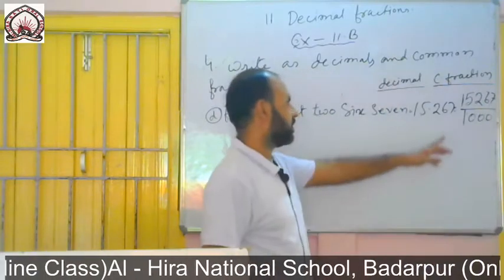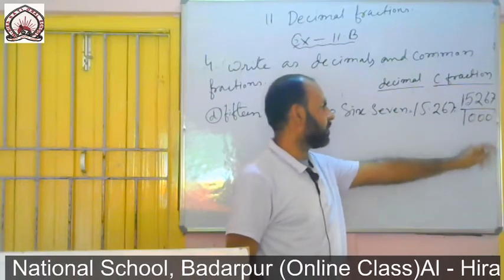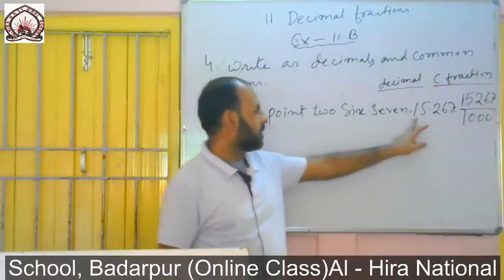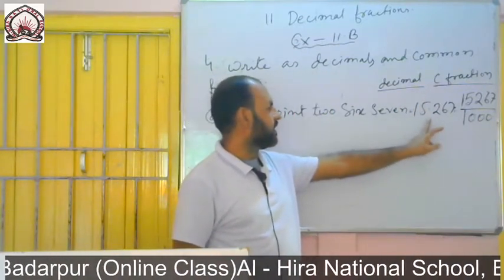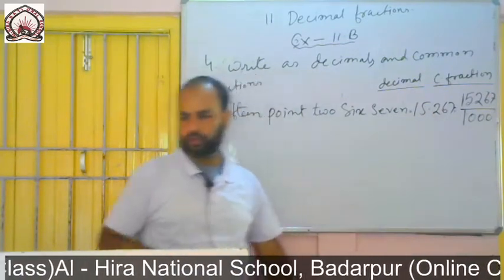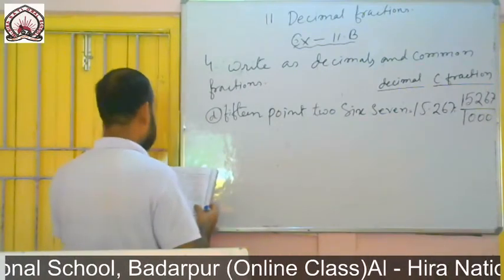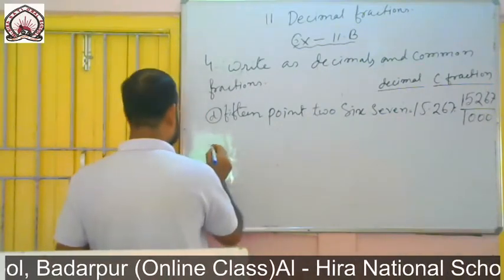So this common fraction is 15,267 by 1000, and the decimal is 15.267. Next question number E.